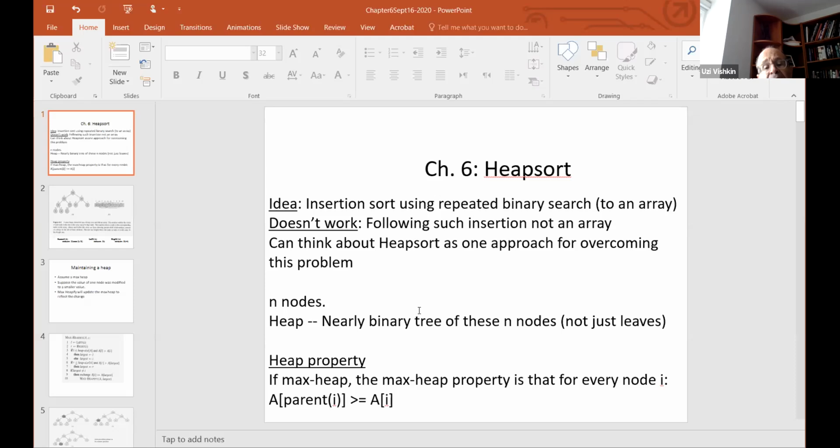A heap is a nearly complete binary tree of n nodes. And I'm going to explain that. So what I'm trying to explain now is the term nearly complete binary tree of n nodes, counting the internal nodes of the tree, not only leaves.